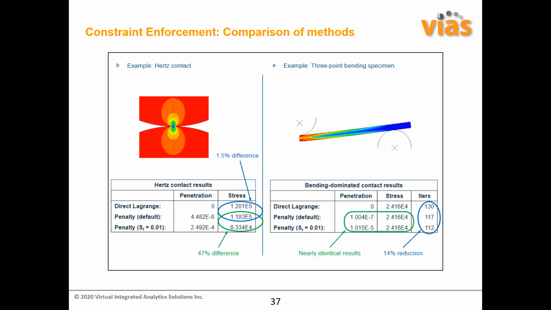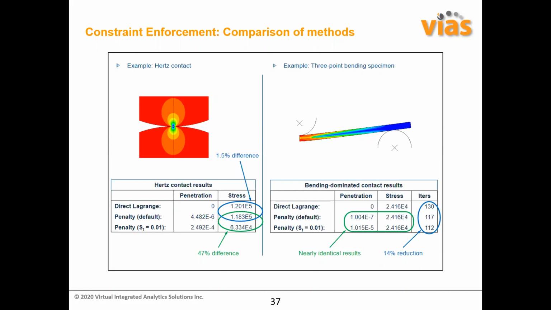If you go with the penalty default method, you see 1.183 e to the power 5, which is only a 1.5% difference. Then the augmented Lagrange gives 6.34, which is a considerable difference. So sometimes all the numerical methods may not work exactly the same way for all types of problems.